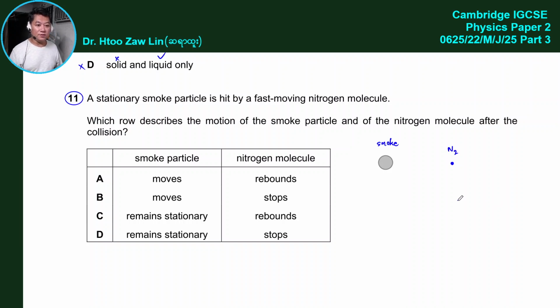Okay. So nitrogen molecules hit the smoke particle, right? Nitrogen molecules hit the smoke particle like this.